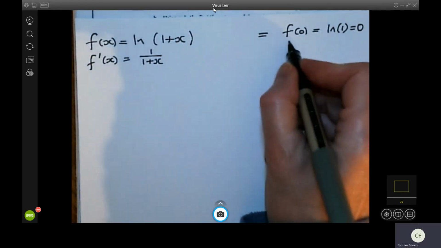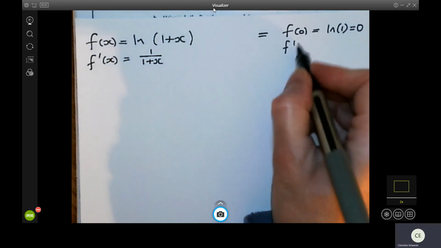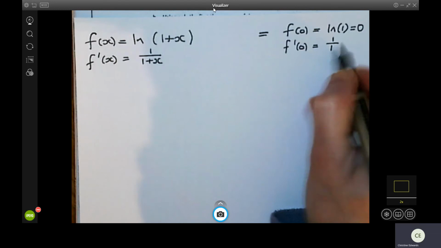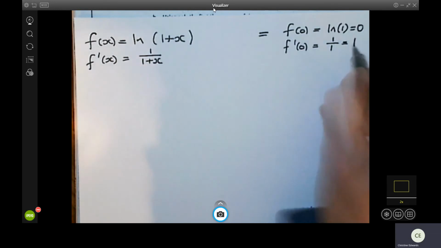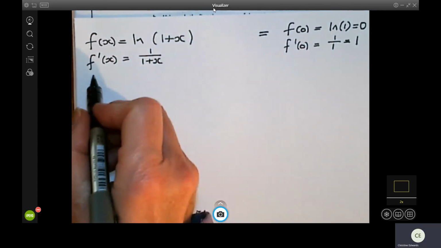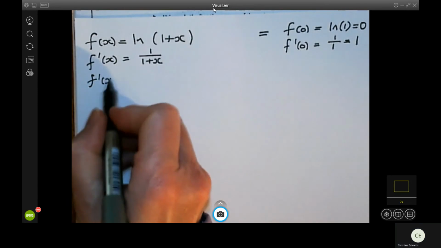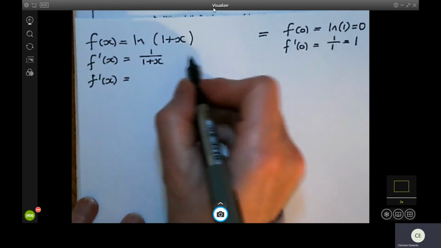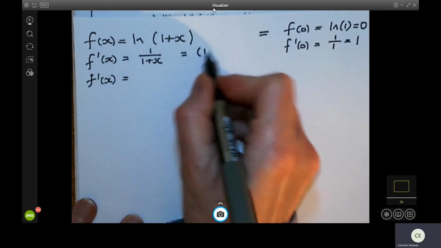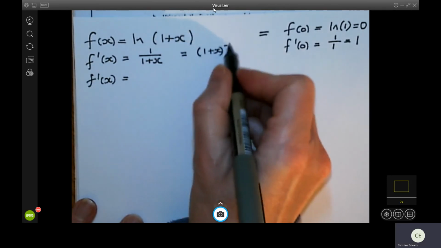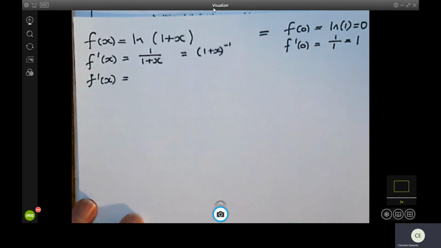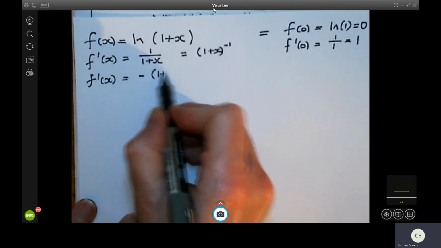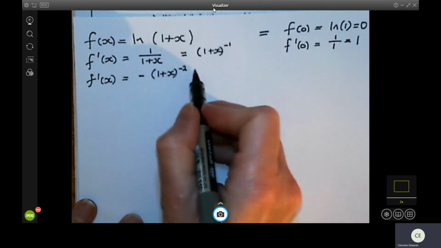Its value is 1 over 1 when x is 0, so it has a value of 1. Second derivative. I need to have this written as a bracket to the power of -1 so that I can use my chain rule. So it is going to be minus (1 plus x) to the -2.